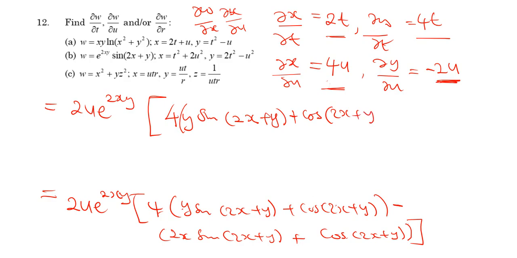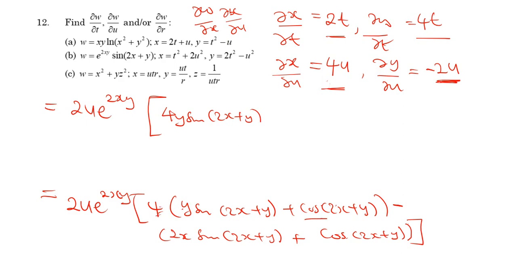And how can I further work on this one? Oh yes, distributing was a good thing. Let me just write this again here. So let's distribute the 4. You distribute the 4, you get 4y sine 2x plus y in the first one, and plus 4 cos 2x plus y.